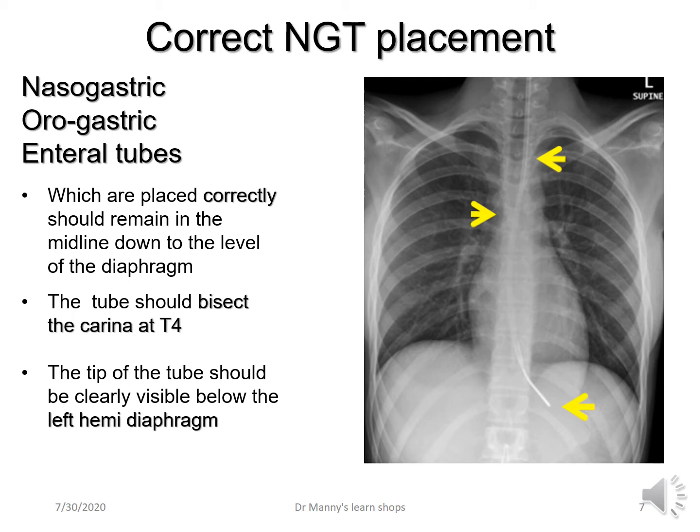All tubes, nasogastric, oral, enteral, have got a radio-opaque tip which can be identified. And most tubes today have a radio-opaque line that allow you to follow the journey of the tube into the stomach or further.